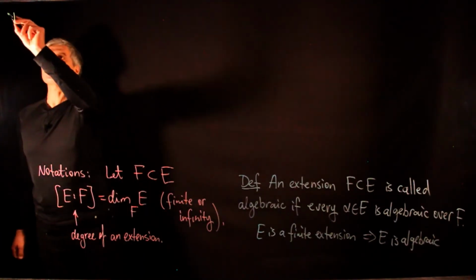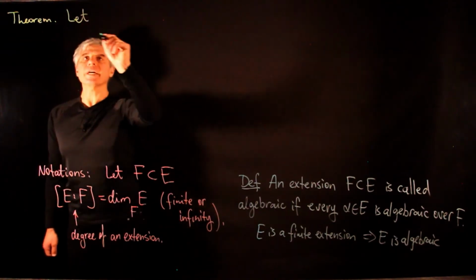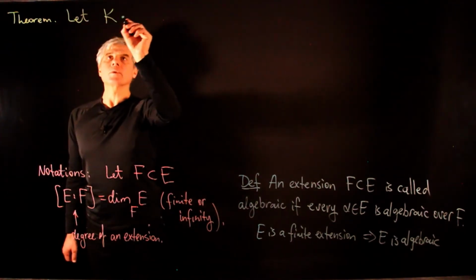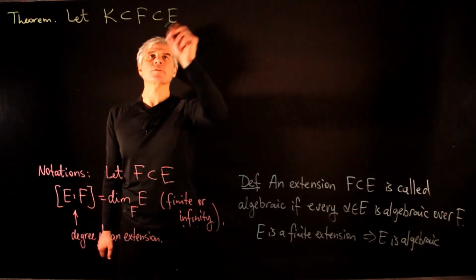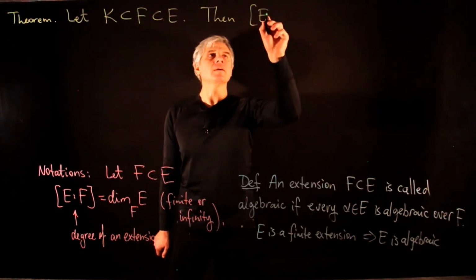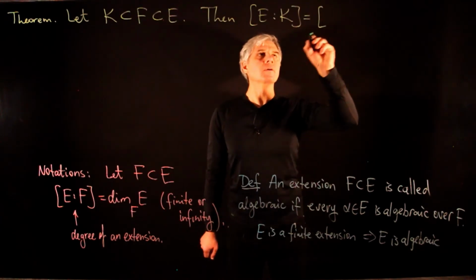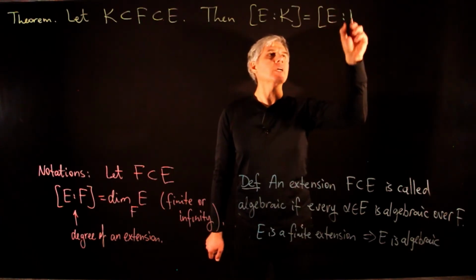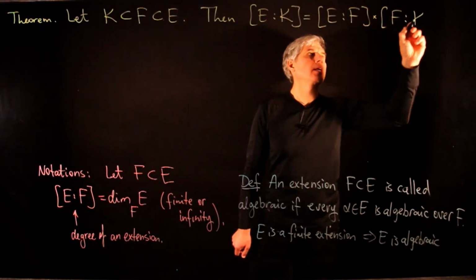And here is our first theorem. Suppose we have a double extension, so F is an extension of K and E is an extension of F. Then the degree of E over K is equal to the product of the degree of E over F times the degree of F over K.